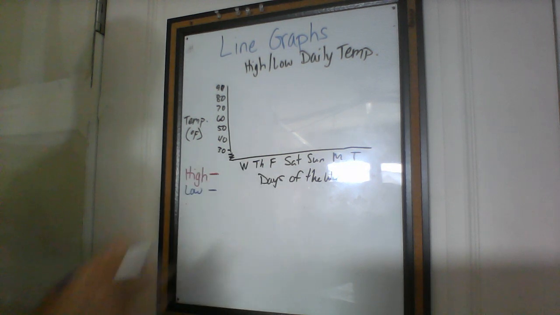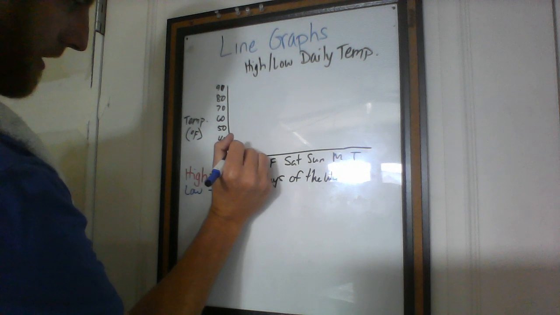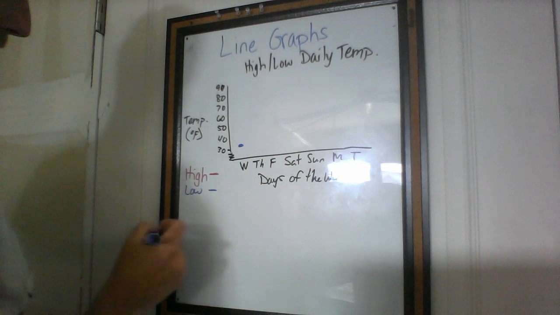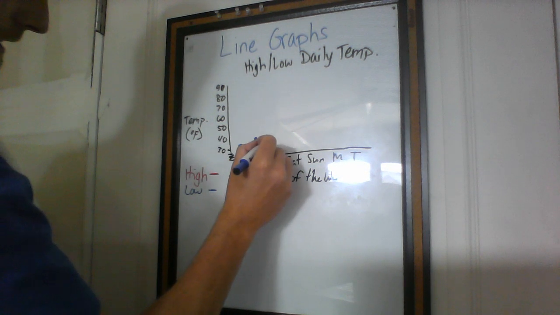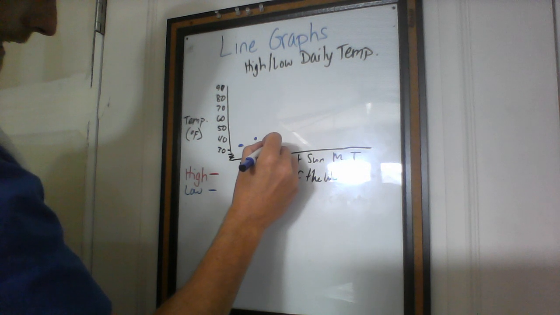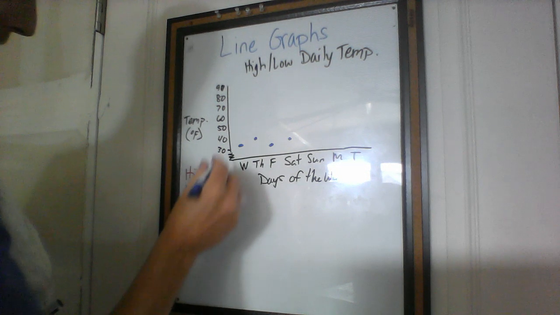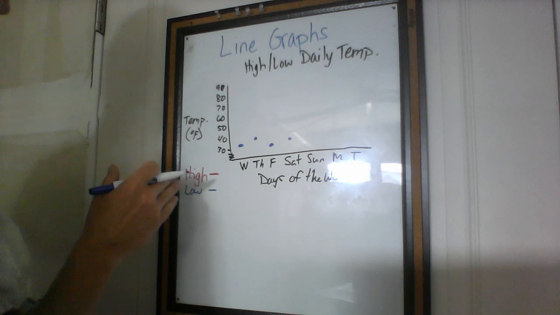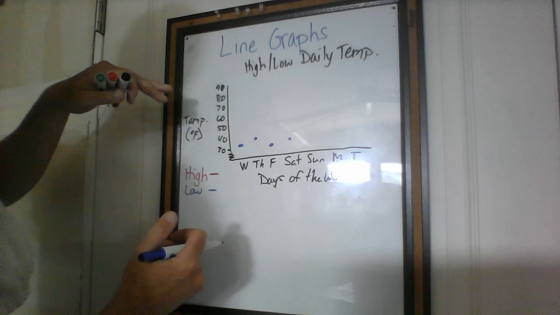Since I just had my blue marker out, I'm going to use my low temperatures first. Let's say on Wednesday I was going to have a low of about 34 degrees. And Thursday, about 40 degrees. Friday goes back down to about 30, maybe. Saturday, about 35. Since these numbers are really crammed because I'm doing it on a whiteboard, it's not going to look as good as when you're using line paper or graph paper.